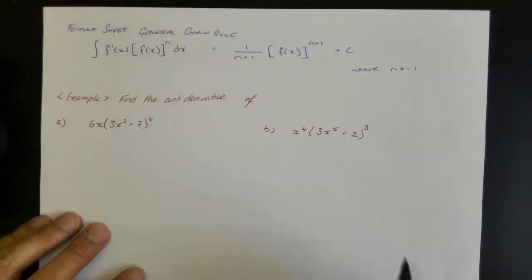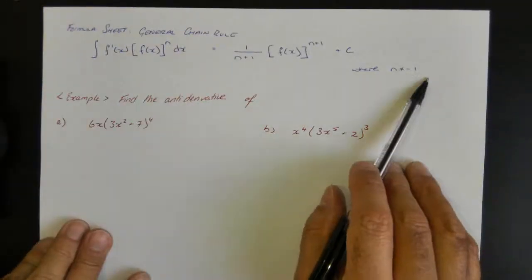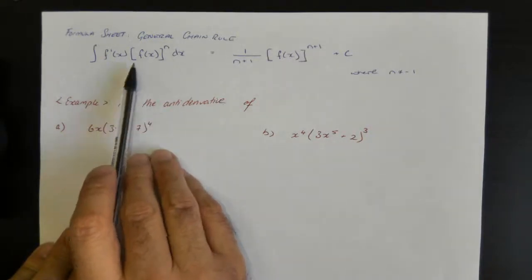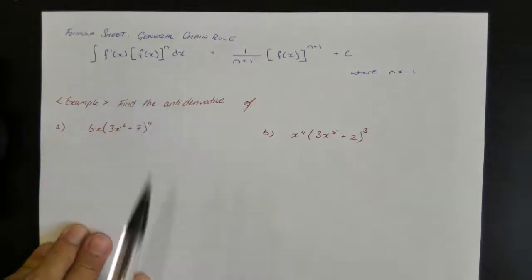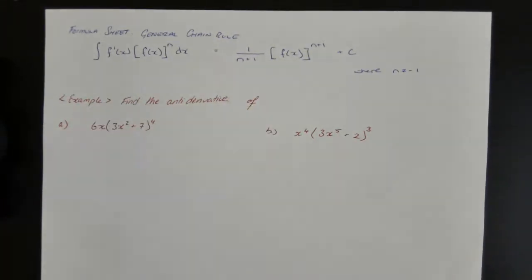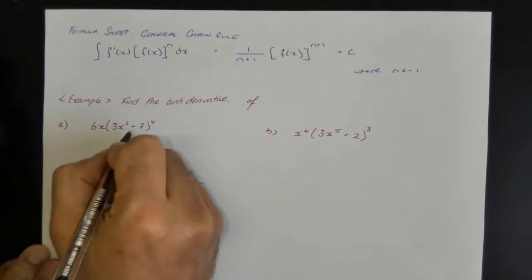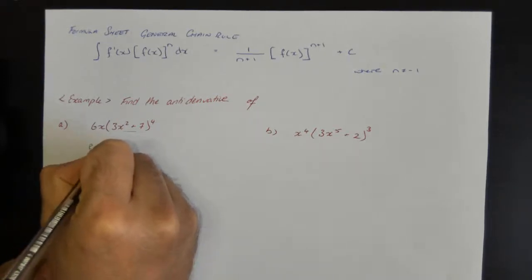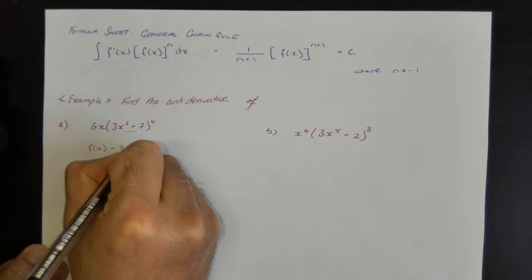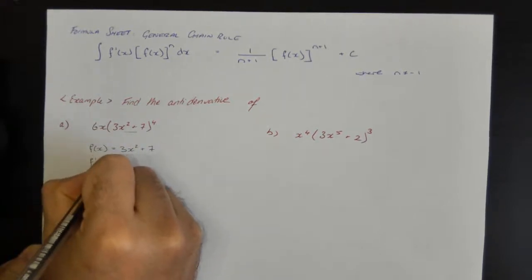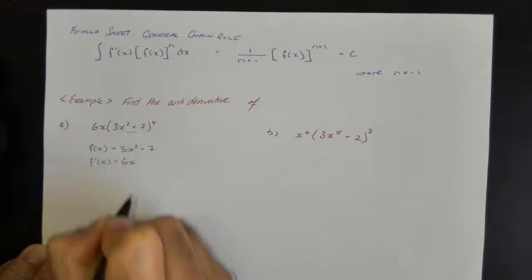Alright. Now this is what you find on your formula sheet, the general chain rule. If you want to integrate f dash of x multiplied by f of x to the power of n, that's 1 over n plus 1, f of x to the n plus 1, plus c. So for example, I'm going to let this be f of x. So f of x is 3x squared plus 7. The derivative of that is 6x.